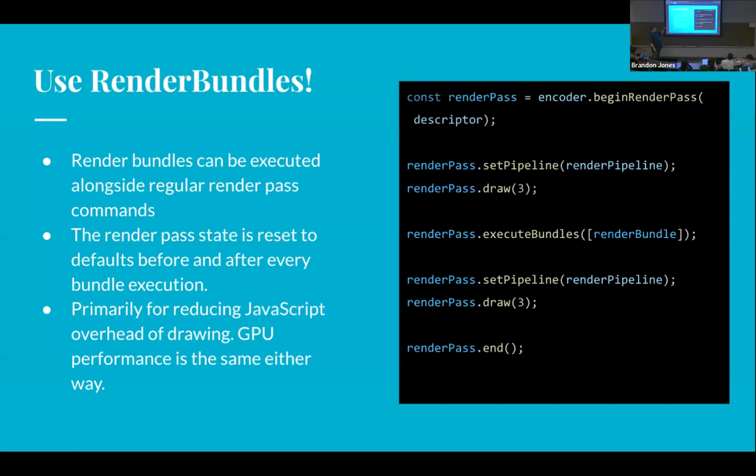And it will take all the commands that you recorded previously and, way down the stack at the GPU level, replay them back into the GPU as quickly as it can. This is great for avoiding JavaScript work as long as you are doing repeatable work, because the render bundle can't be modified like everything else, it's immutable.